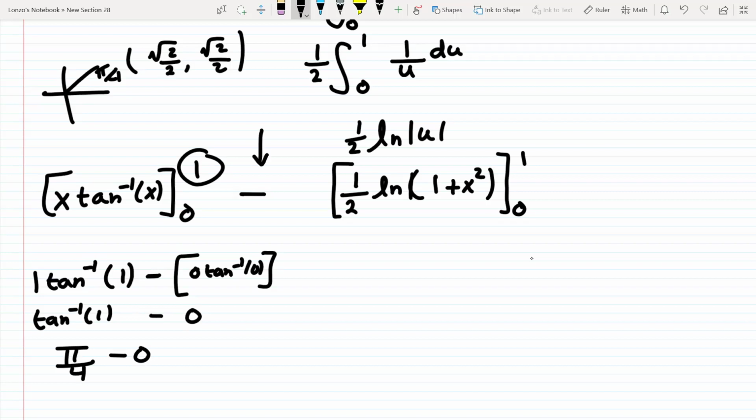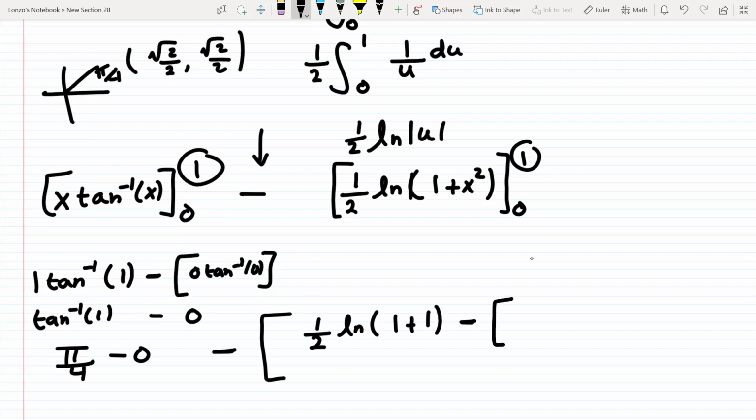Now let's do this other part. Keep in mind there is a minus right in the middle, so I'm going to put brackets. Now we do the upper minus the lower. Let's do the upper first. It's 1/2 ln of 1 plus x squared, and 1 squared is 1, minus the lower boundary, which is 1/2 ln of 1 plus 0.